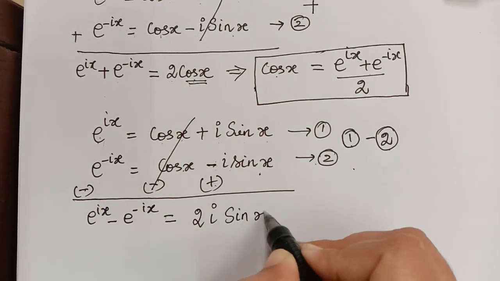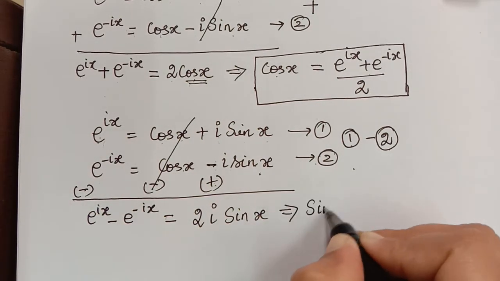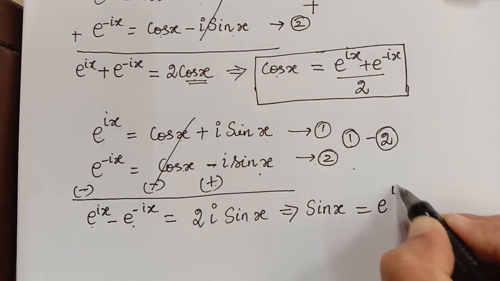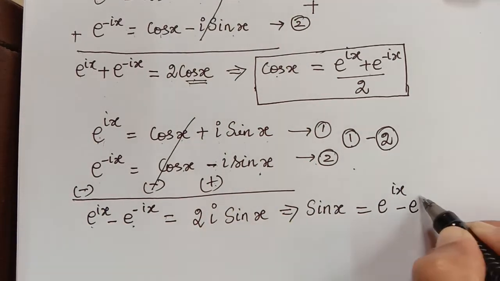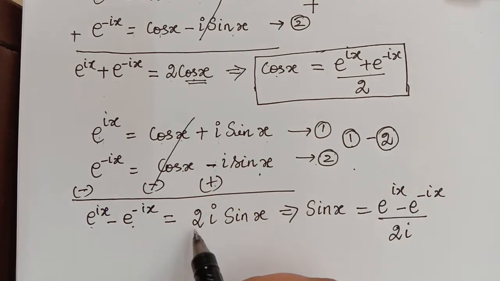So now dividing throughout by 2i, what do we get? Sin x is equal to e power ix minus e power negative ix divided by 2i. That is, we are dividing throughout by 2i, and then sin x, because 2i divided by 2i will become 1.